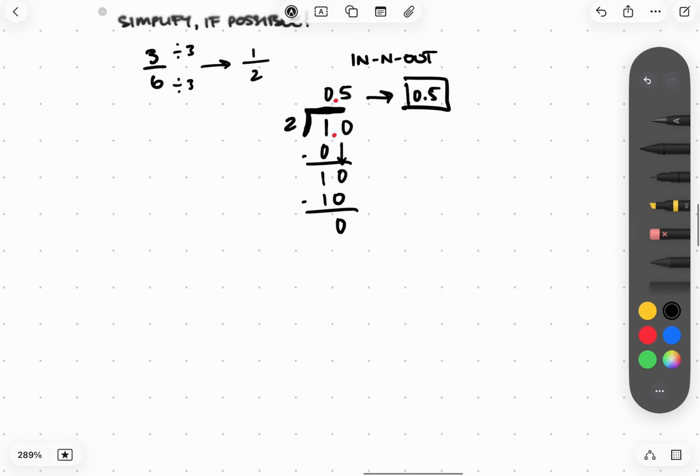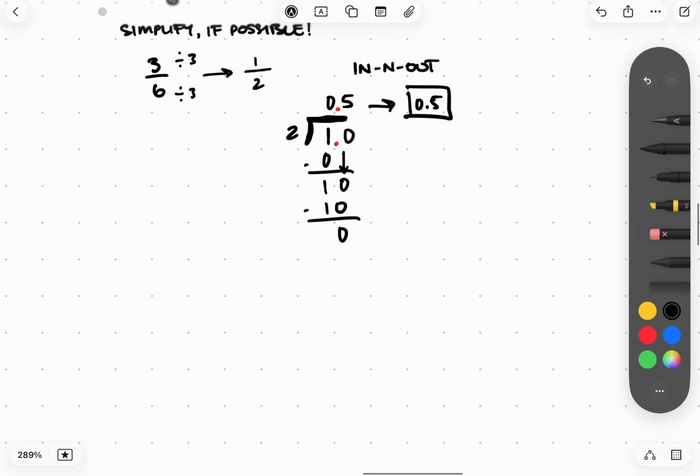All right, and then sometimes you just have to give it a shot with these. Let's say we have a number like 4 over 5, right? And you're like, well, I can't simplify, so simplifying, not possible, right? Actually, let me write example there.